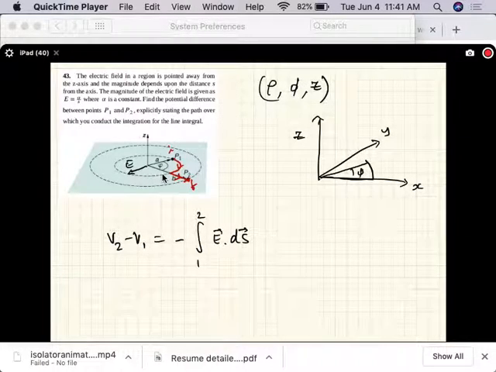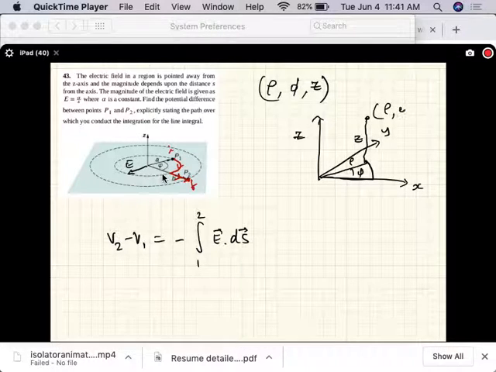This angle is phi, this distance is rho, and this distance would be z. So for the coordinates of this point, phi is this angle, rho is this distance, and z is that distance.